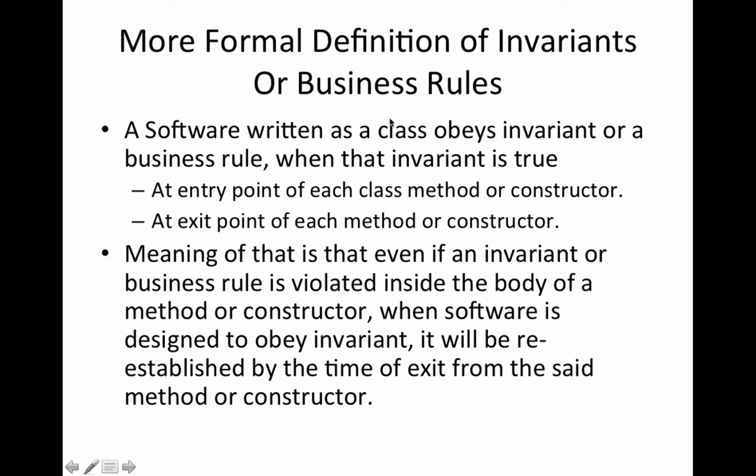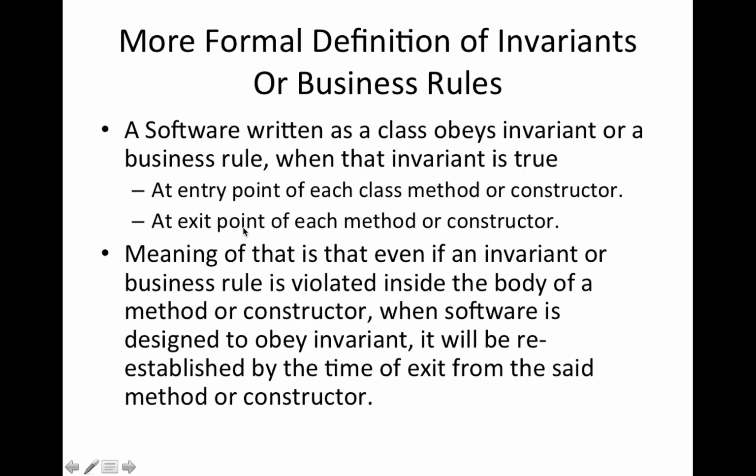Here is a more formal definition of invariants or business rules. Software written as a class obeys an invariant or business rule when that invariant is true, number one, at the entry point of each class method or constructor. So when a method or constructor is entered, at that point the invariant will be true.